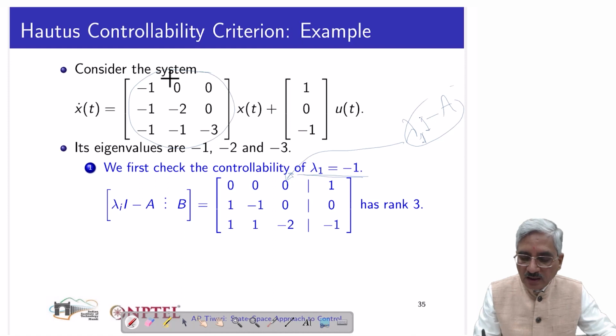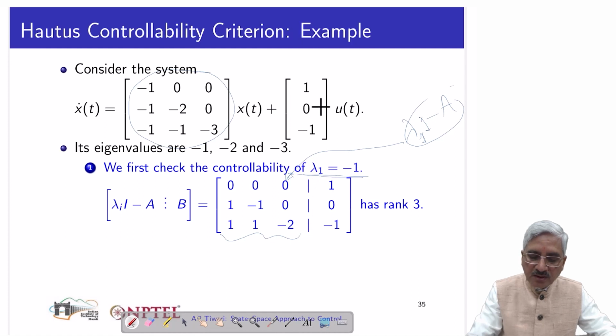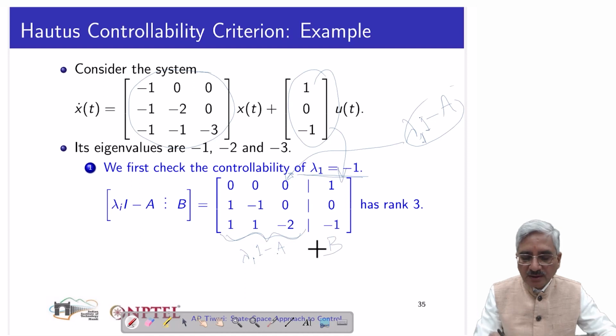So lambda 1 I minus A is this matrix, and with that we put this B matrix here. So we have this lambda 1 I minus A, and the full B matrix, which of course here is just a single column, it is a single input situation.